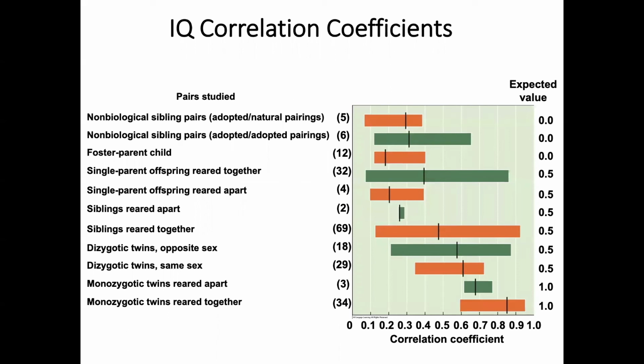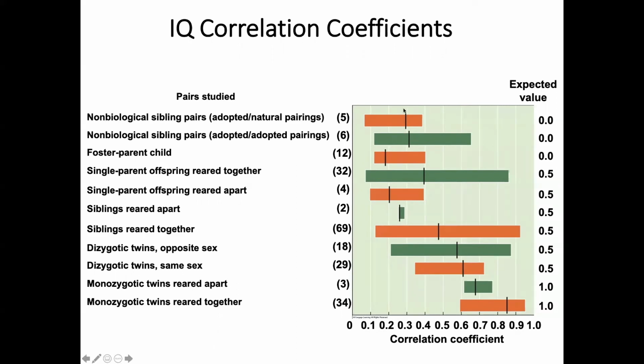This slide shows a graphical representation of correlations in intelligence measurement in twin studies. The purpose of this study is to see if intelligence is controlled by genetic factors or environmental factors. What is the expected value shown here? Yes, the expected correlation coefficients are purely determined by genetic relatedness in each set of individuals.